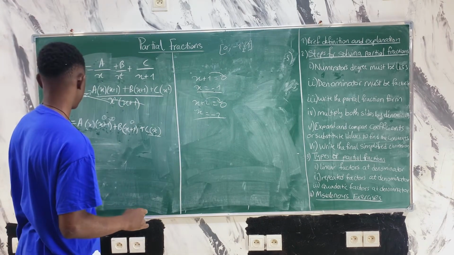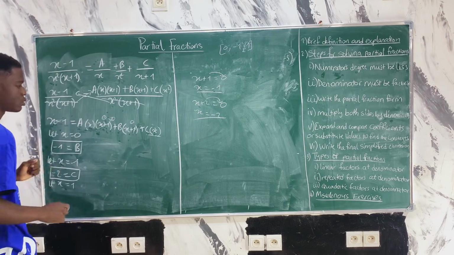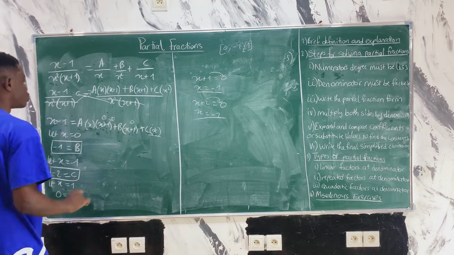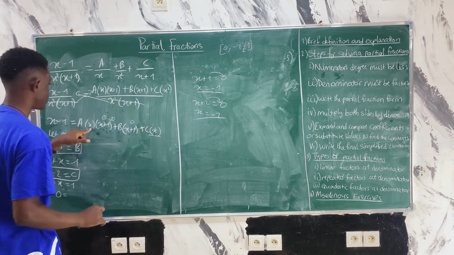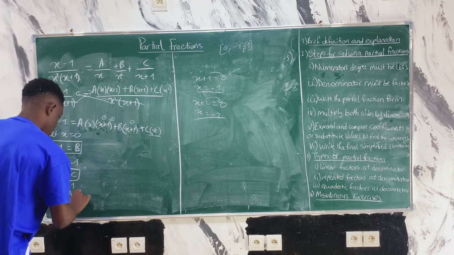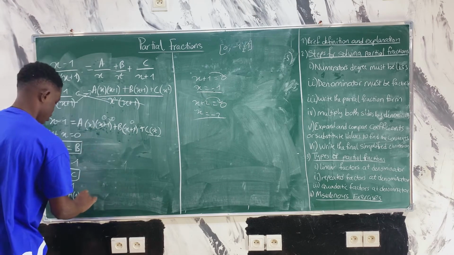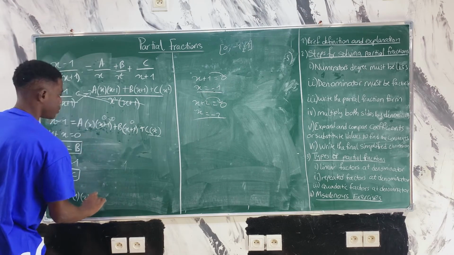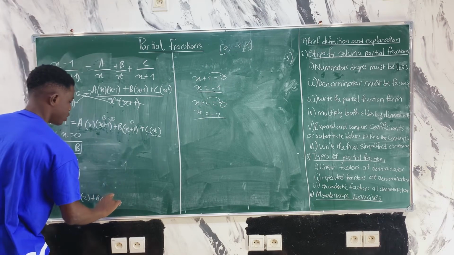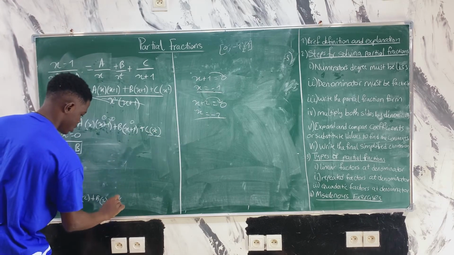So the next thing, I let my x to be 1. When I let x be 1, I replace 1 here. When I replace 1 here, I have 0, because 1 minus 1 is 0. I have 0 is equal to a into 1 into 1 plus 1, which is 2, plus b into 1 plus 1, which is 2, plus c into 1 squared, which is 1.